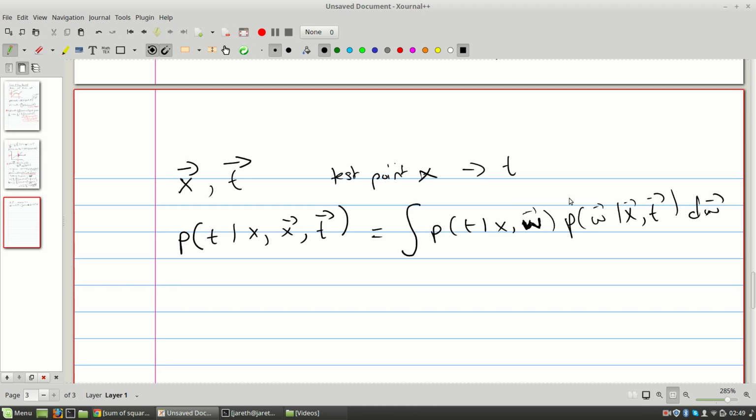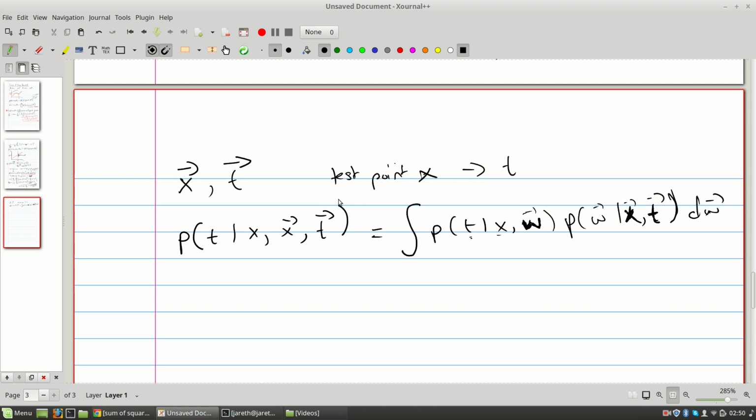This is essentially what we have. Never mind the notation. This is a vector, this is another vector, and this is our test point x and the corresponding value of that, which is t.